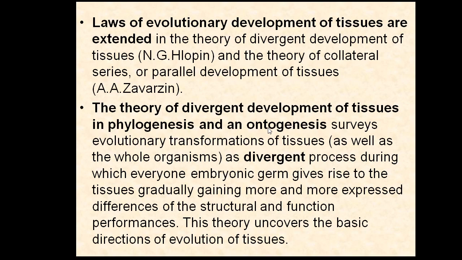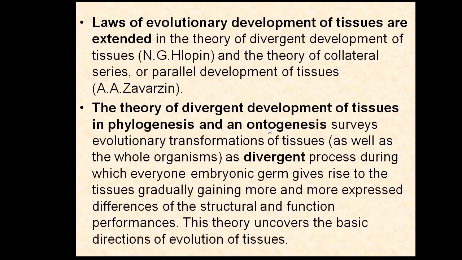For example, simple columnar and simple cuboidal epithelium, which are present in different organs. That's why the theory of divergent development of the tissues in phylogenesis and ontogenesis says that first were germ layers and then appear different types of epitheliums.